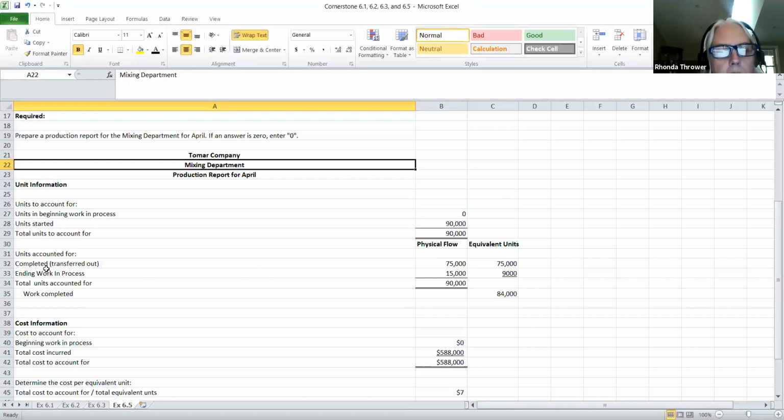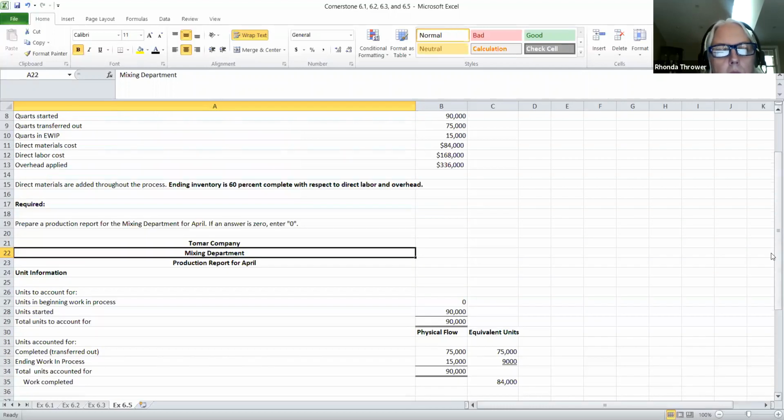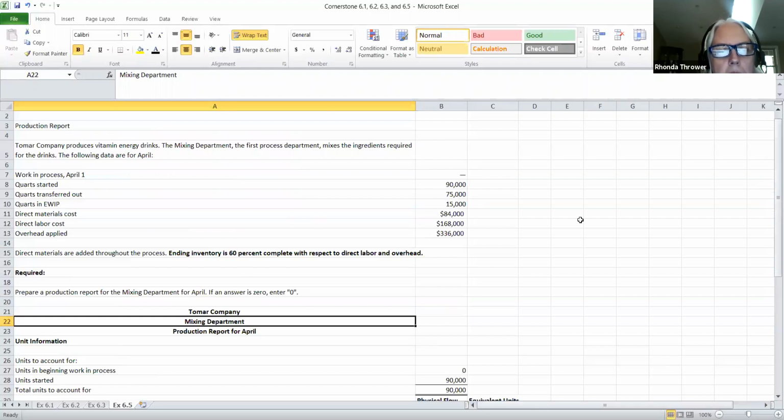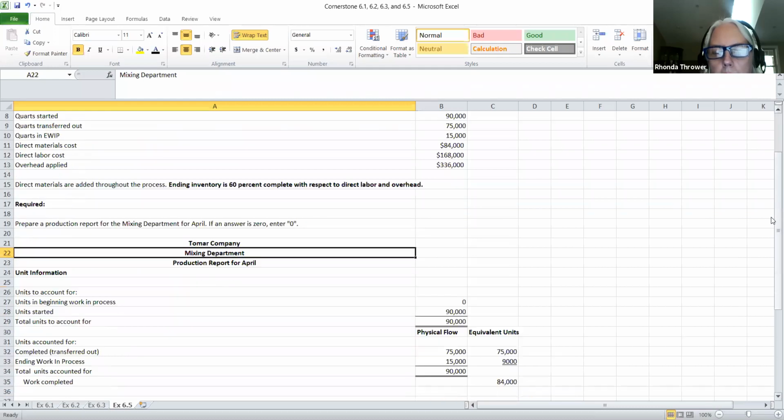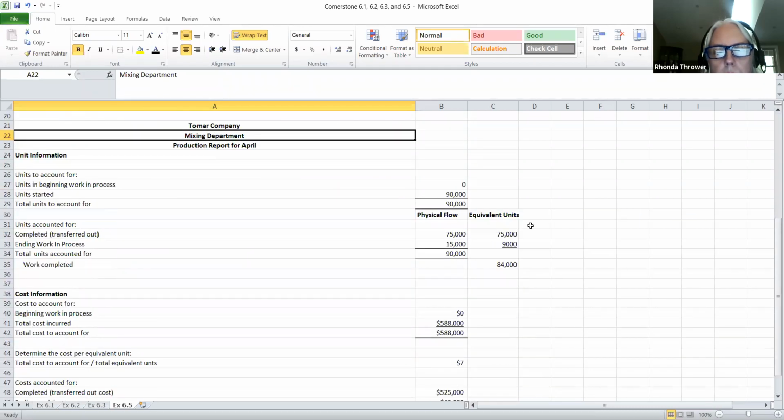So we are starting with, in this case, what we transferred out. And what we transferred out just happened to be given to you. The transferred out amount was 75,000. The ending work in process was 15,000.